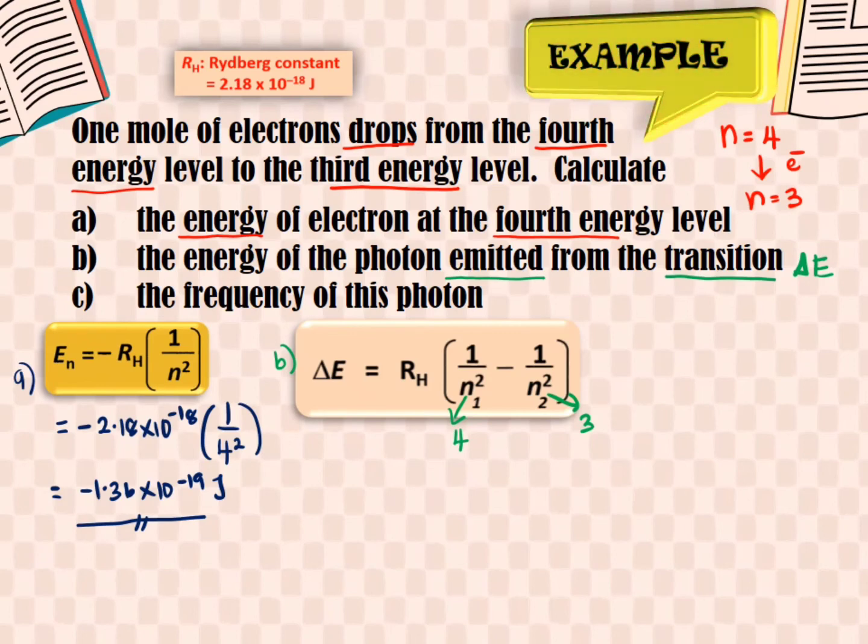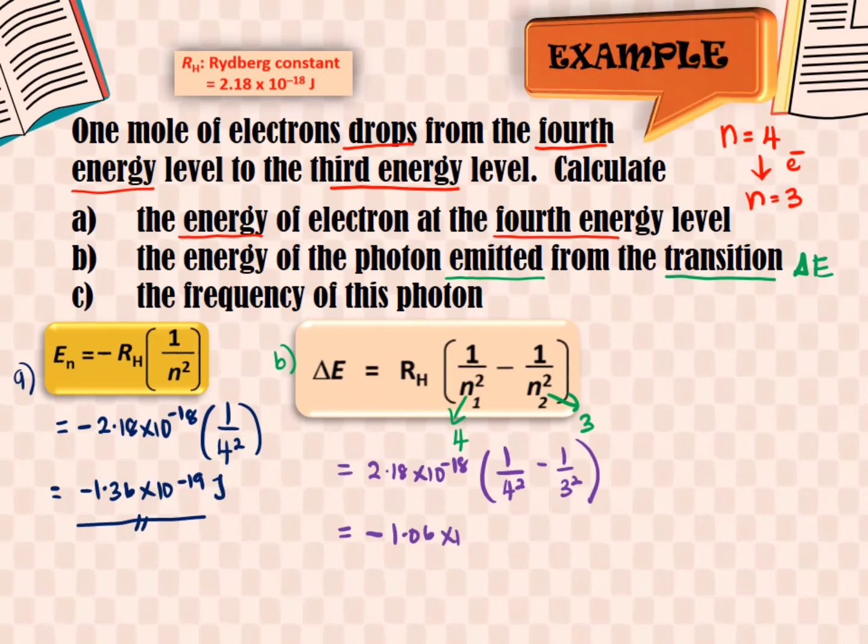Okay, and then you just substitute all the value, so you can calculate the value of delta E. Rydberg constant sama juga, 2.18 times 10 power of negative 18, 1 over n1 squared. n1 adalah 4. 4 squared minus n2 squared, 3 squared. Okay, and then press your calculator. So, you will get the answer in negative value, negative 1.06 times 10 power of negative 19 joule.